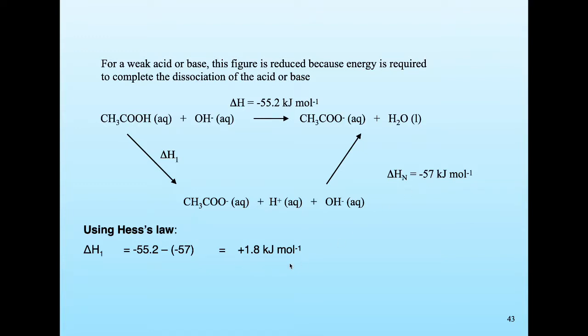So that tells me how much energy I require to break the bonds in the OH of this ethanoic acid molecule. So it's this minus this: plus 1.8 kilojoules per mole.